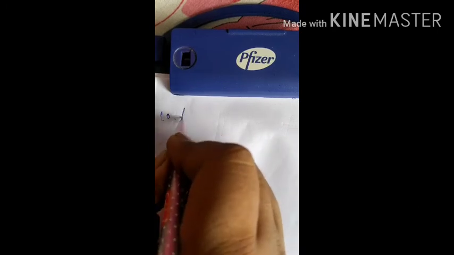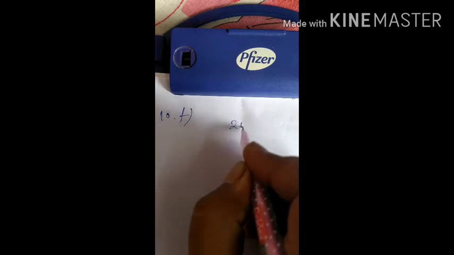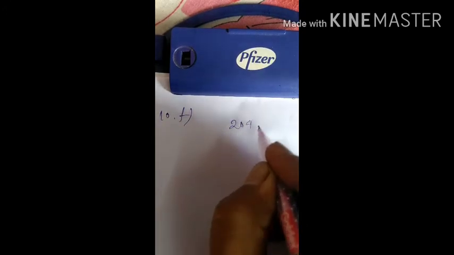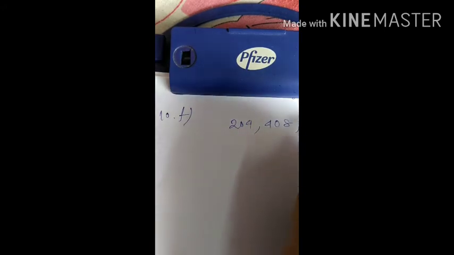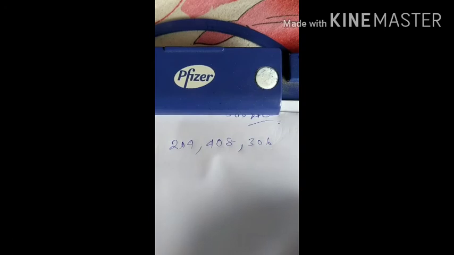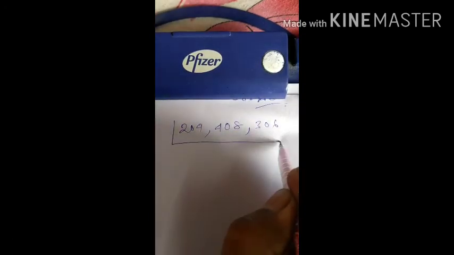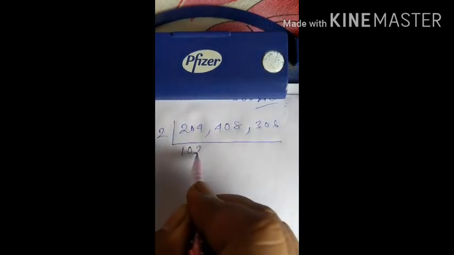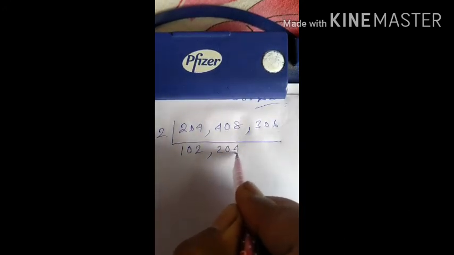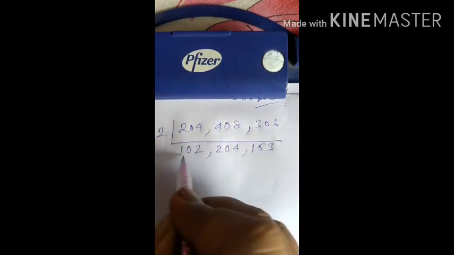Now question number 10F. We have to find the LCM of 204, 408 and 306. Okay, so at first 2 1s are 2, 0, 2 2s are 4, the 204, 1 5 3.